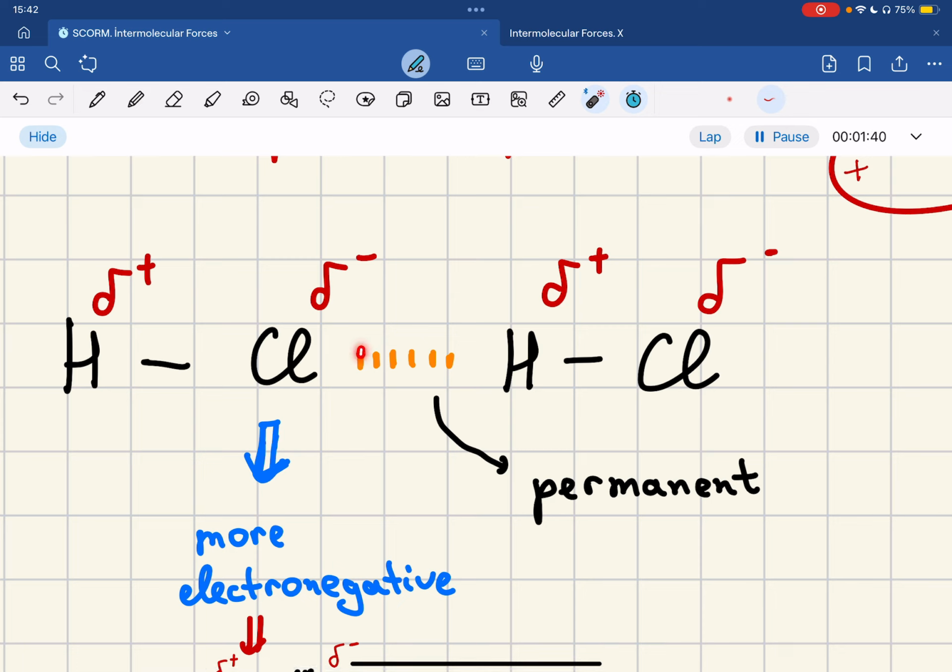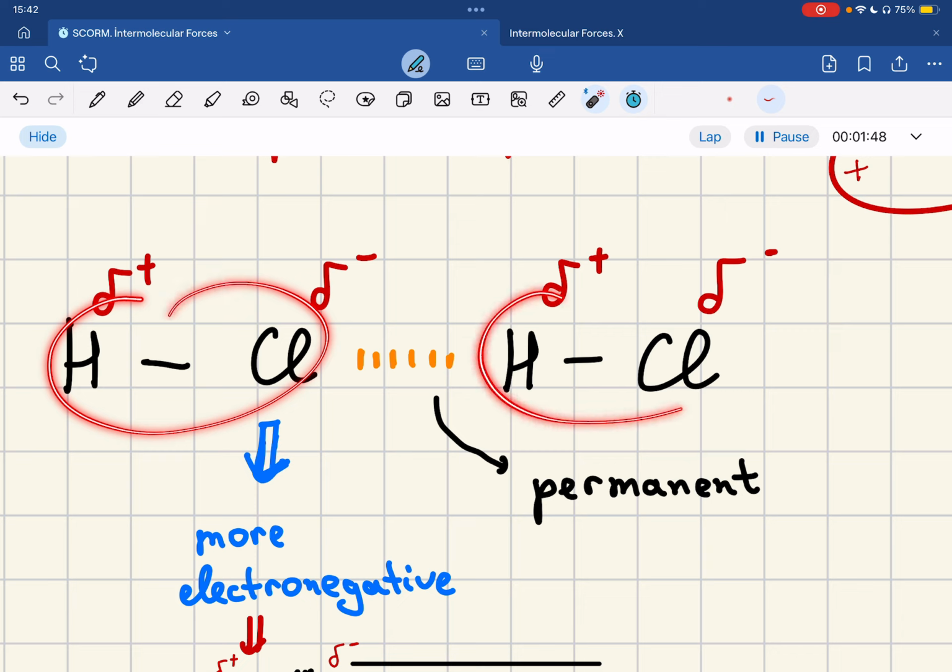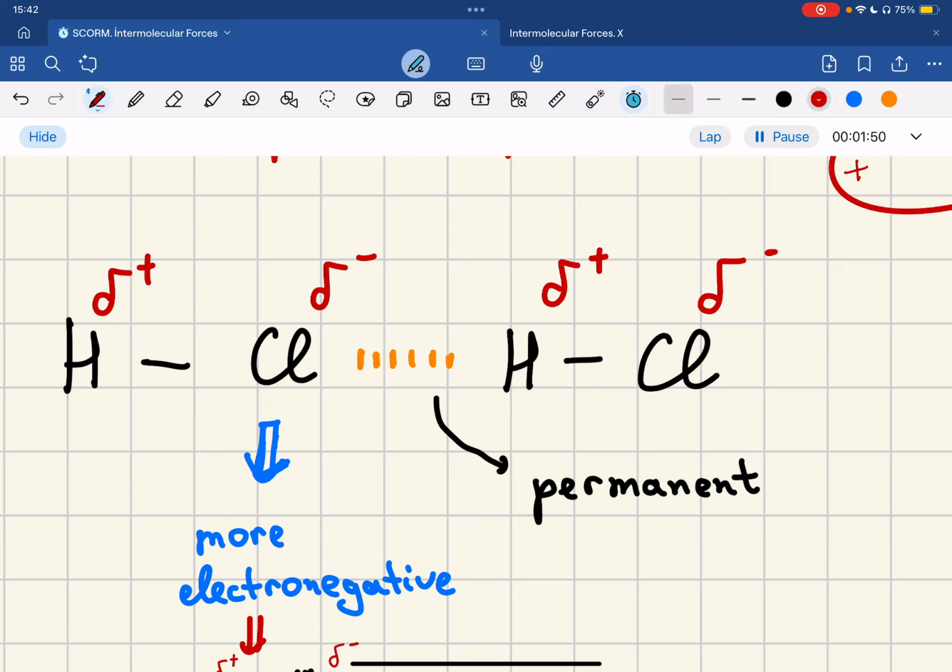So we are going to have attraction between these negatively charged and positively charged ends, and it is intermolecular because it's between two molecules, and it is permanent. Why is this permanent? Because whenever there is hydrogen and chlorine, the electrons are always closer to the chlorine. So this will be negatively charged.